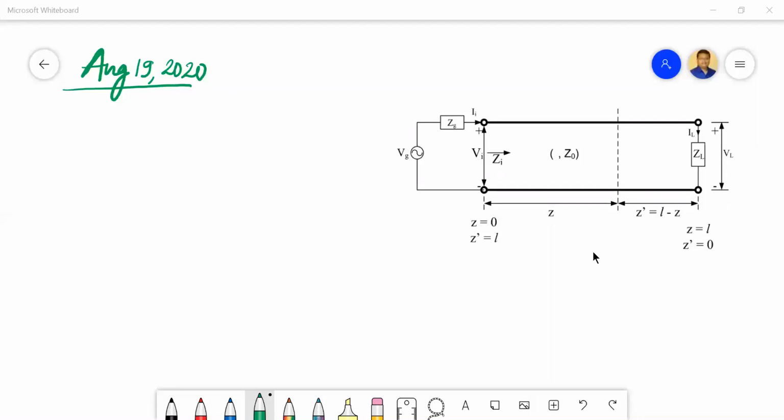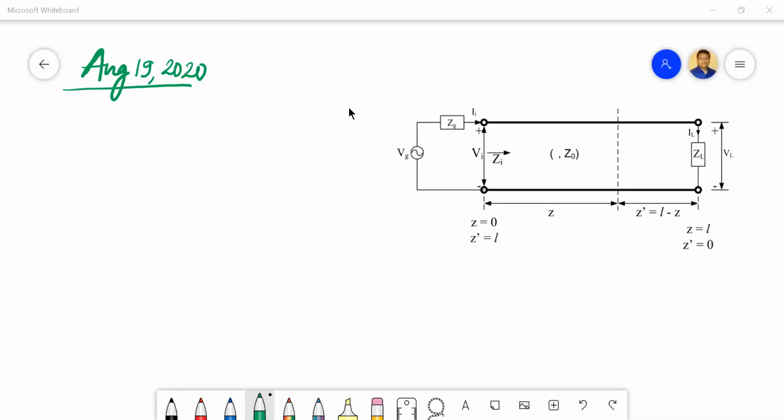So in the last class, we started the wave characteristic of a transmission line, and we have seen that this transmission line, as you can see on your screen, is connected to a load and is fed through a source and the source impedance.